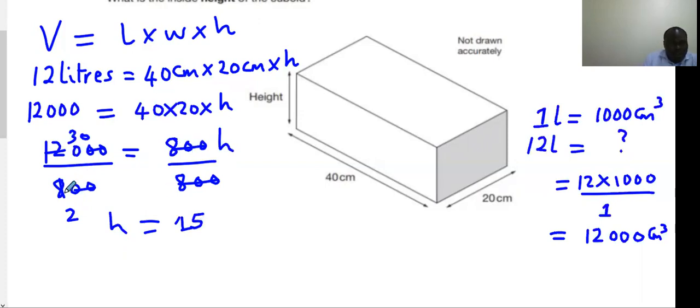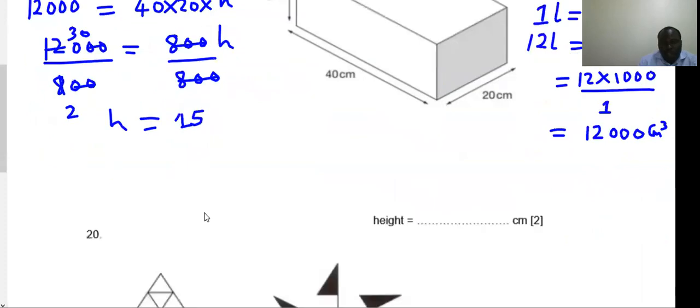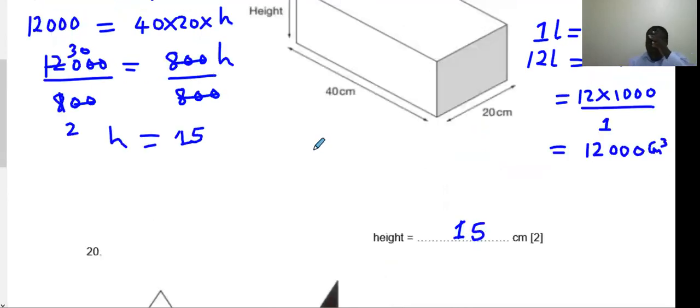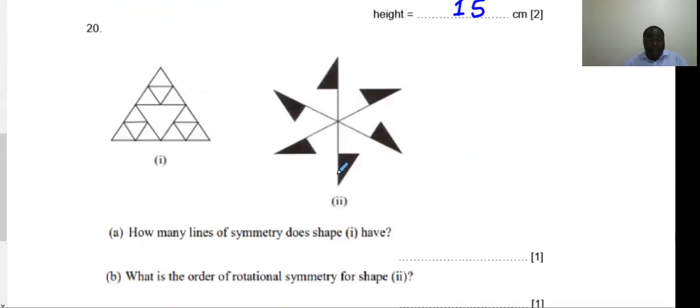Okay, so that's how it goes. So height will be equal to 15 centimeters. Okay, so far so good.